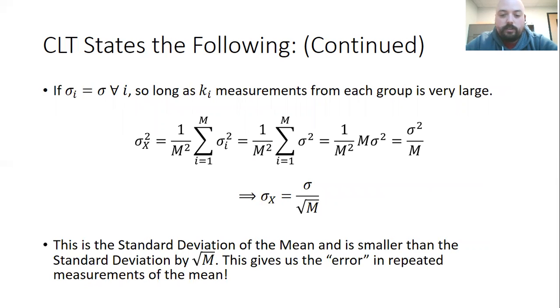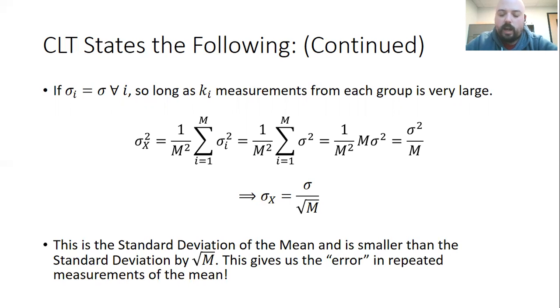This implies that the standard deviation of the mean is equal to the standard deviation of the measurements divided by the square root of the sampling size, which could be very large and is equal to m in our case.